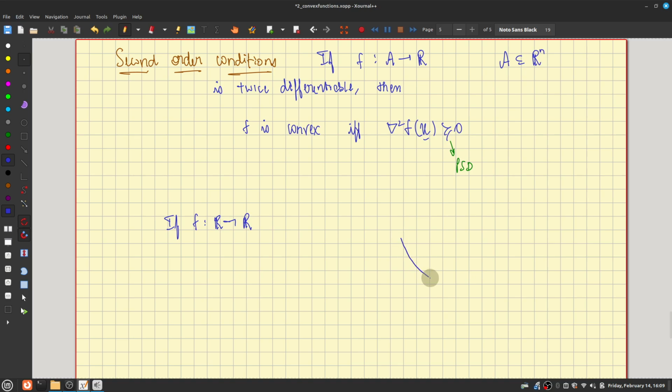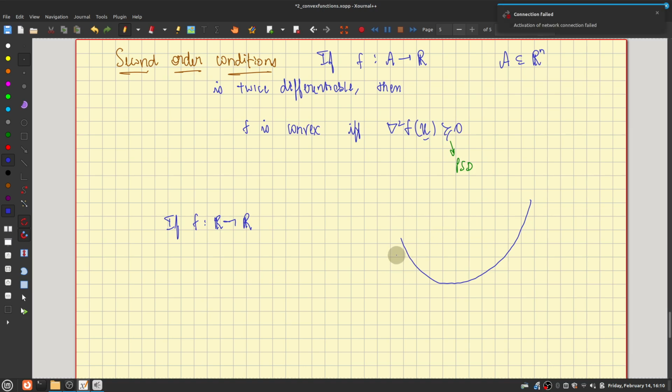So let's take an arbitrary point at which the slope is perhaps negative. Take this particular point. This is a convex function. So the slope is negative, which implies that the tangent at this particular point looks something like this, right?